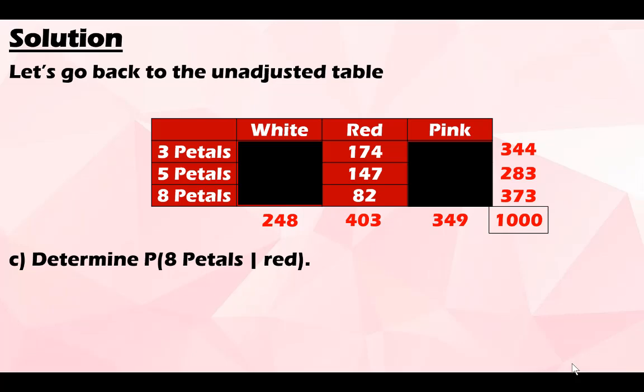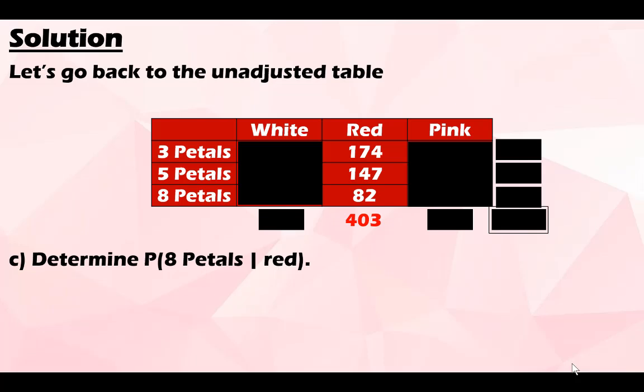We can also eliminate the sums from those columns, 248 and 349. In addition, we can eliminate all the sums along the right-hand side because those were computed using values from the eliminated columns. All we're left with now, our entire universe, is red flowers, 403 of them.